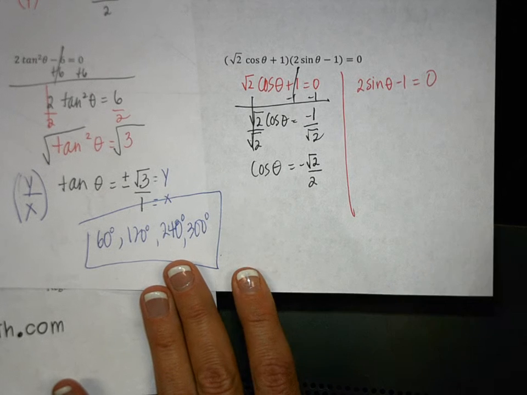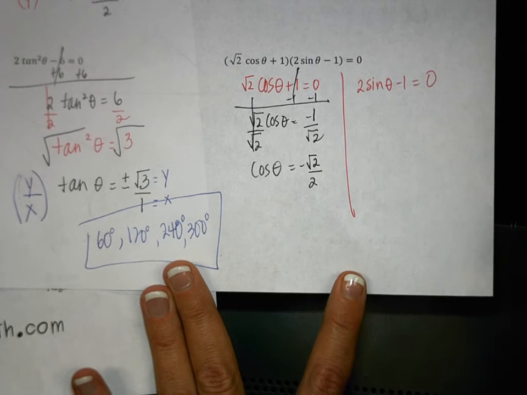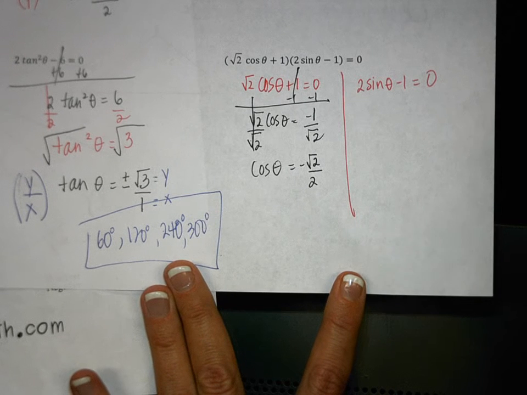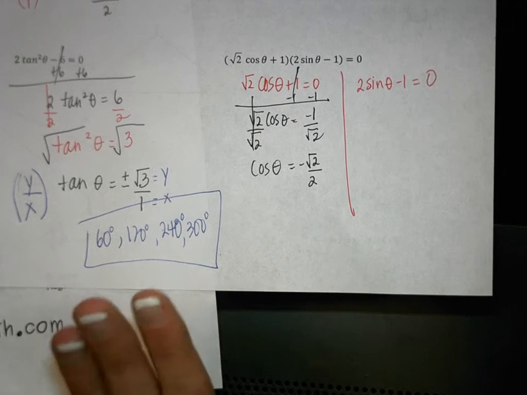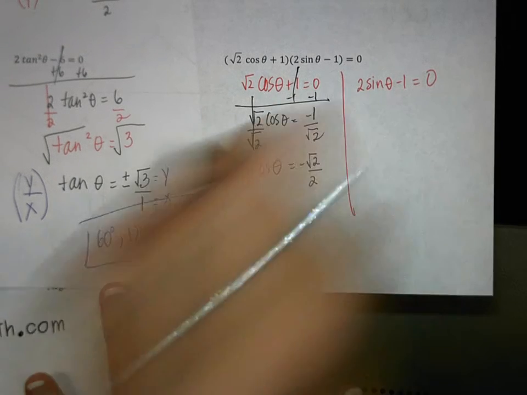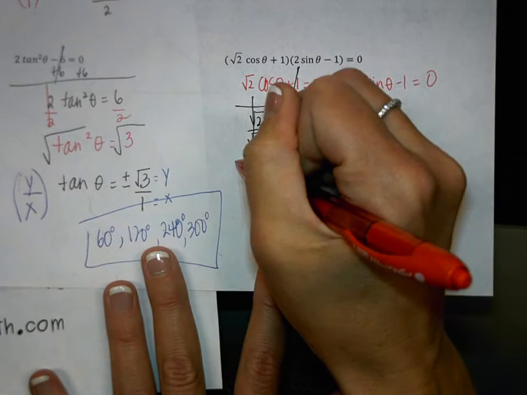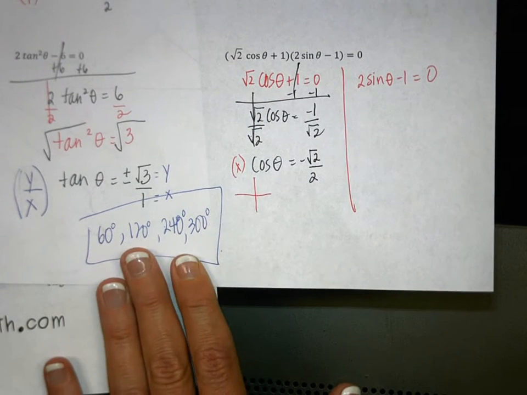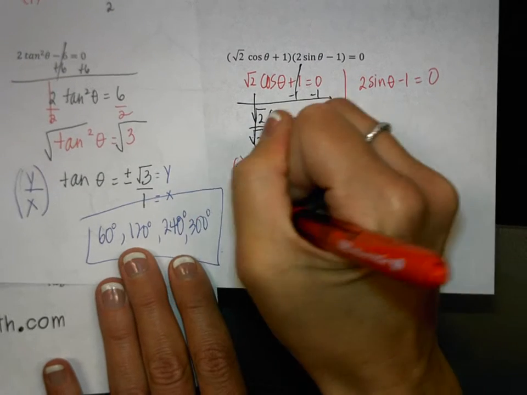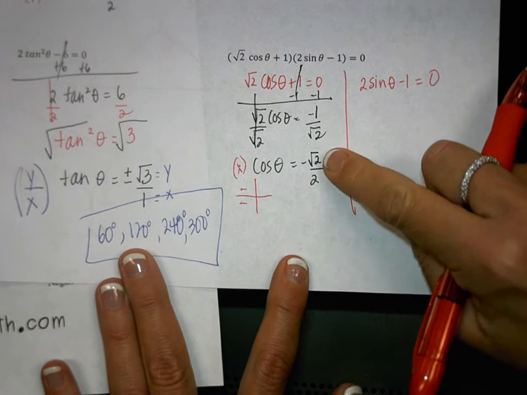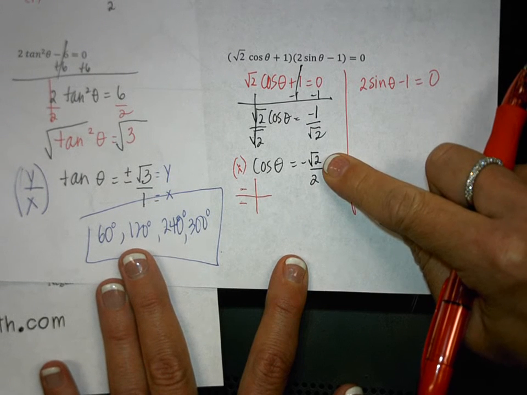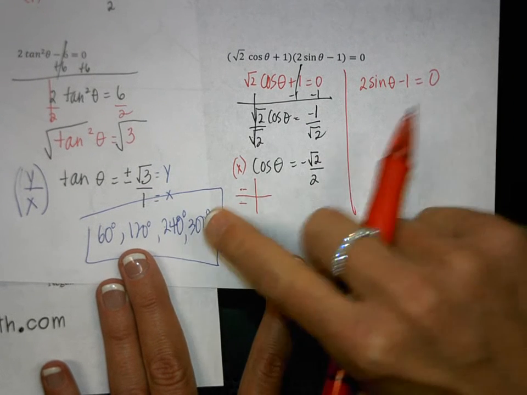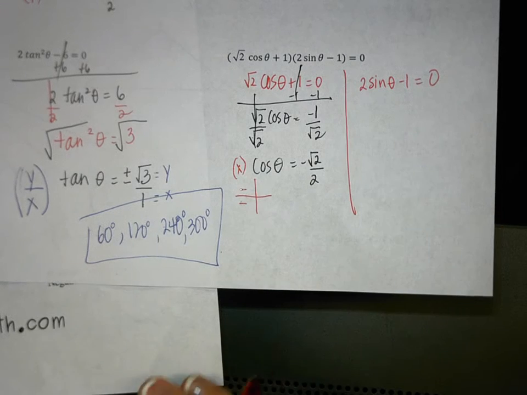Okay. What quadrants am I going to be looking at here? When is cosine negative? And again, remember, we know that cosine is dealing with x. And so when is x negative? 2 and 3. So we're looking for where x is negative root 2 over 2, which will be, we know, in quadrants 2 and 3.